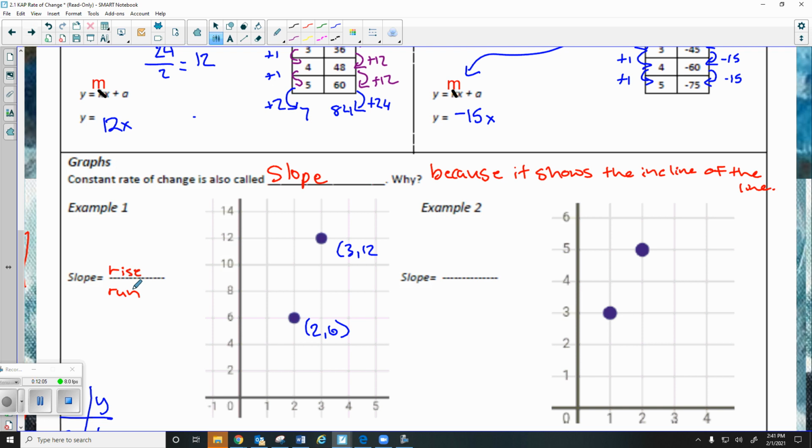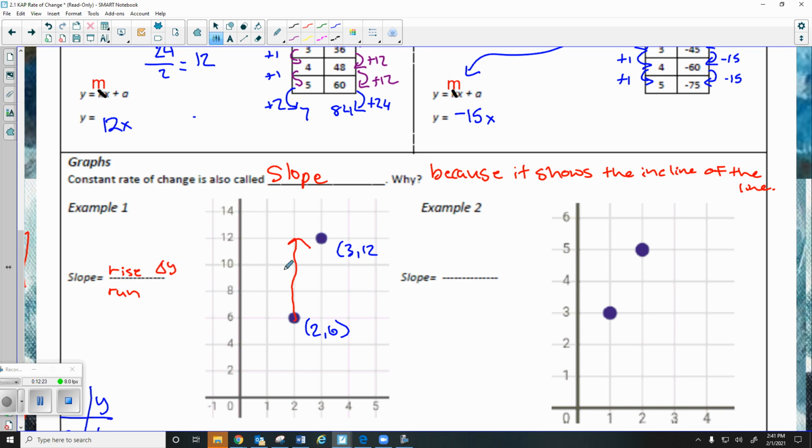You might be thinking, why are we learning a different way? Well, it's just the same thing. Okay, the rise is talking about how much it goes up. And if we're looking at the change up, we're still looking at the change in y. Rise is still talking about the change in y.